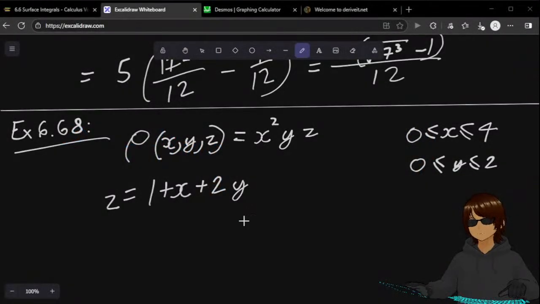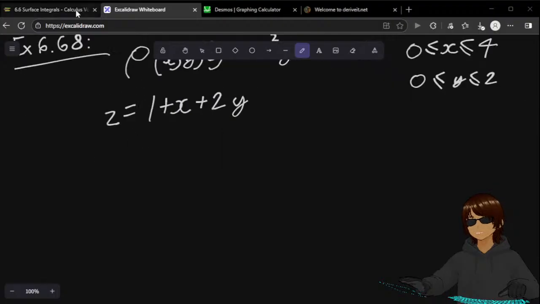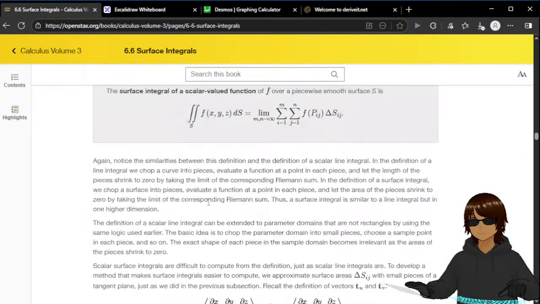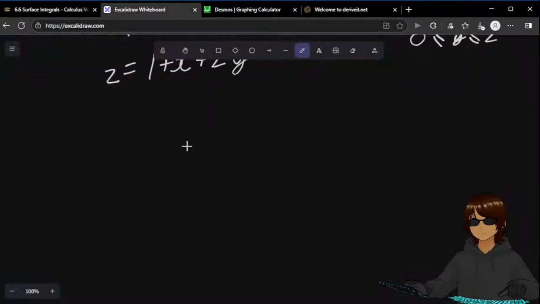All right. So I should write down the equation so it sticks with me.